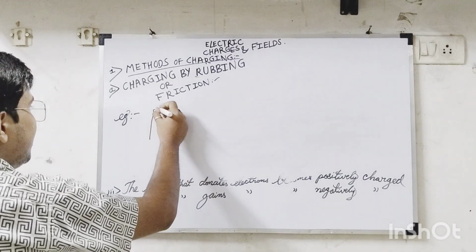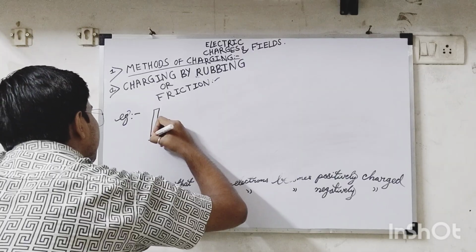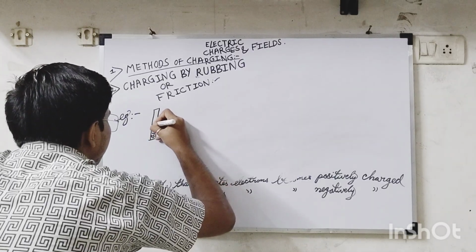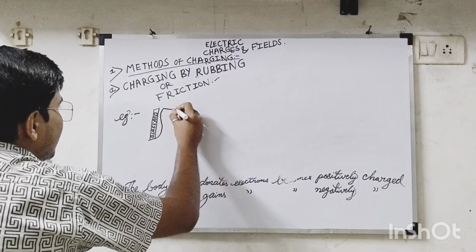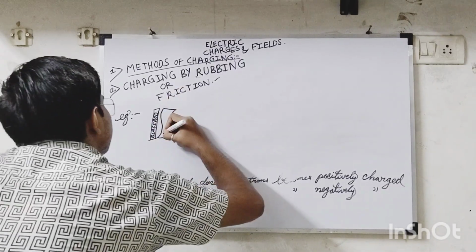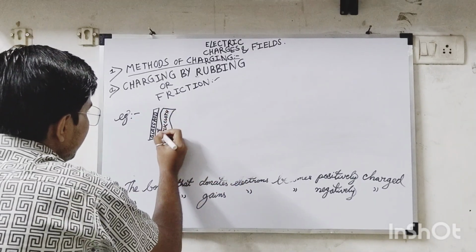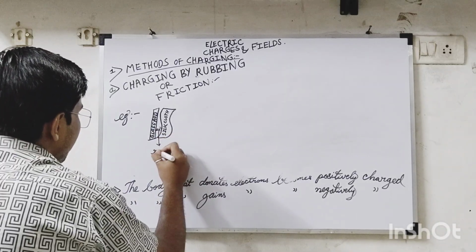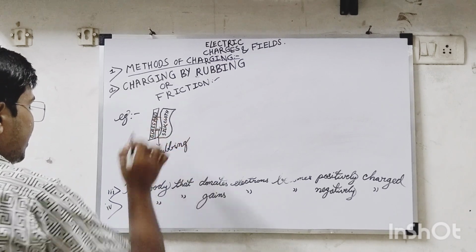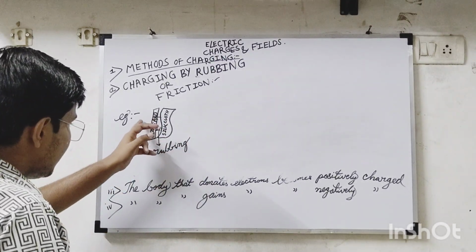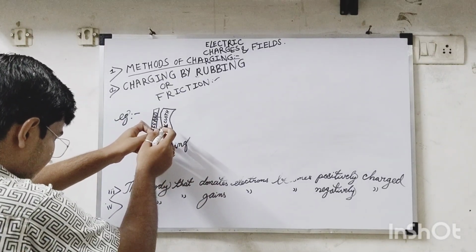See, I'm just drawing it, okay? Then I will write down the point. See, this is a glass rod. It is rubbed with, let's suppose, a silk cloth. This is already given. What is done? Rubbing.